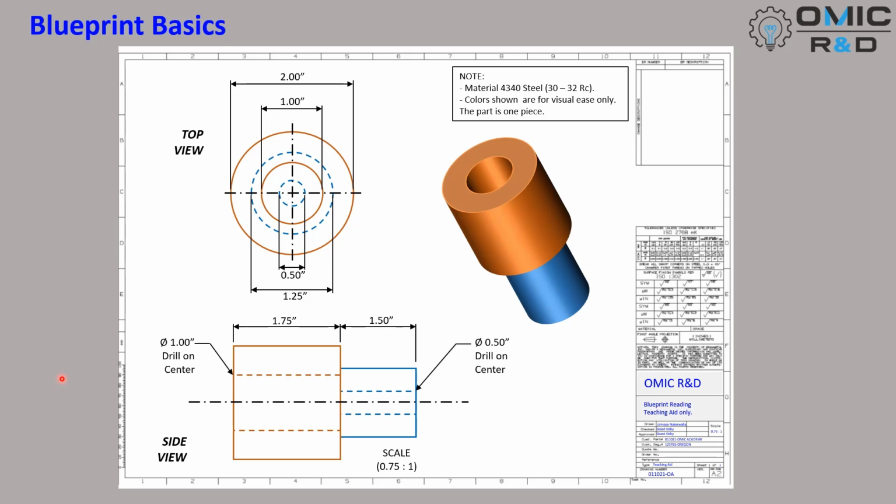And it's always good to check if there is any dimension that's been missing. Here I also provide the length of each of the components of 1.75 inches and 1.5 inches. And it's important to point out that as compared to this 3D model, I have scaled my views to 3/4:1 inch.